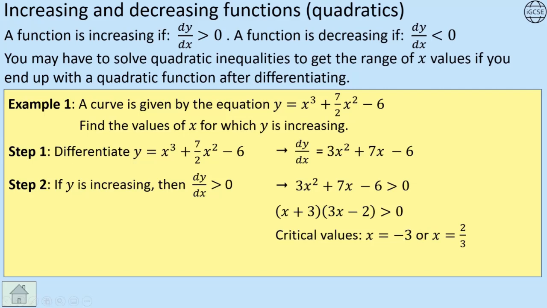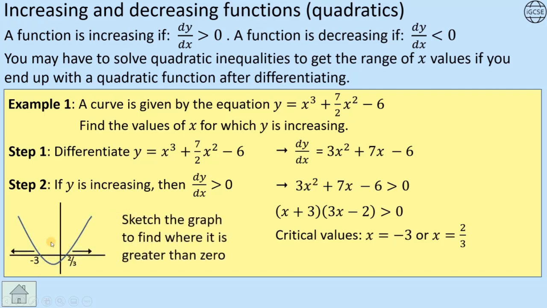Okay. Now I'm looking at this quadratic. Now that is a positive quadratic equation, which means it takes this particular shape. It takes that shape there. And because I've got minus 3 and 2/3, then this value must be on this side and that value on that side. And what I am concentrating on, and again here, I said when this is greater than 0.